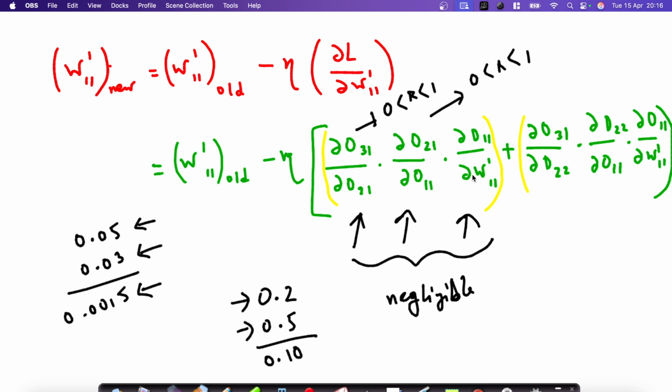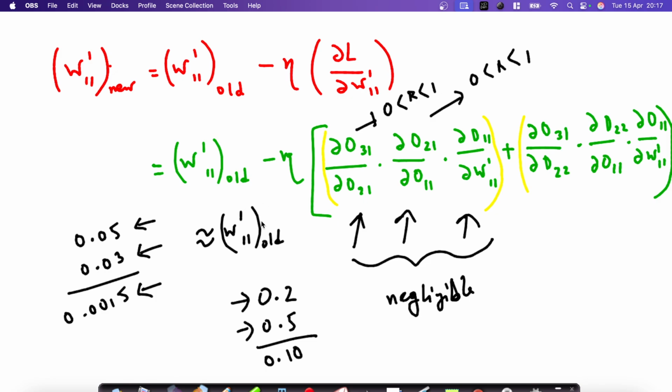You will get a result which is very negligible. Now as a result, if we subtract this negligible value from this particular W old value, what we'll get? We'll get a value which is very similar to W11 old, right?